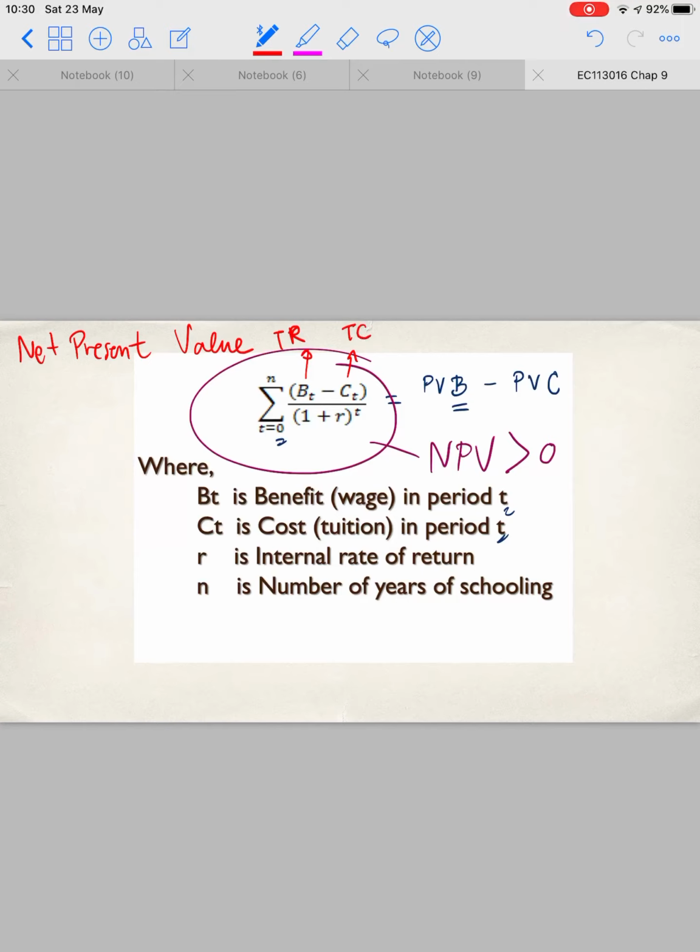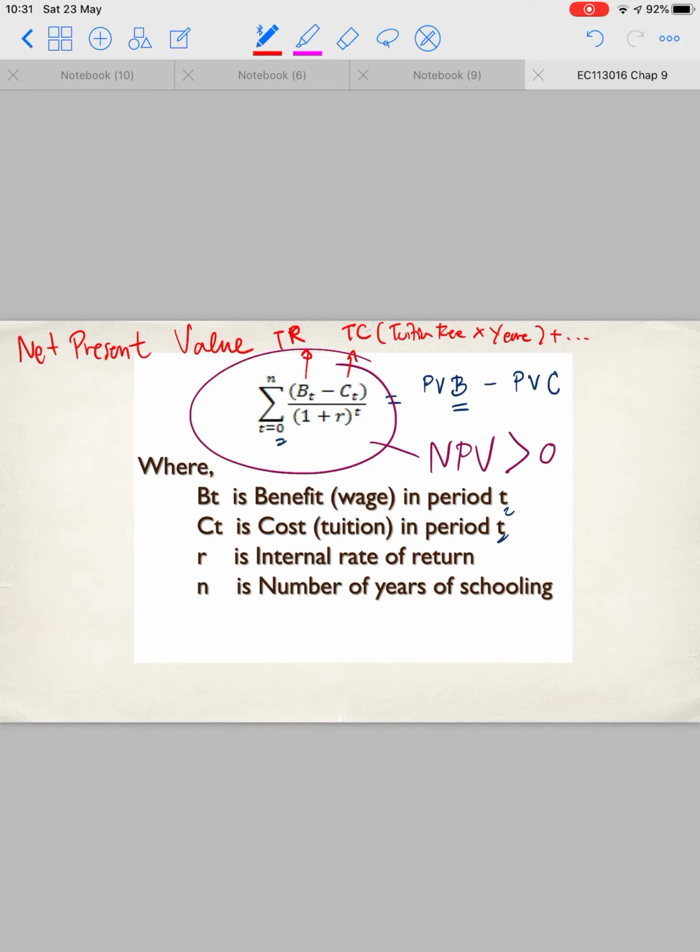The cost is TC, which is the price of tuition fee multiplied by years, plus other expenses while you study at the university, all the expenditure, right? Benefit and cost. R is the interest rate of return. N is the number of years of schooling.